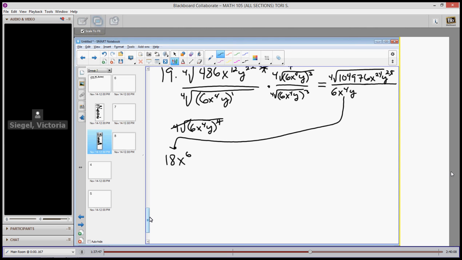And then y, we can break up the 25 into y to the 24th times y. Then same as x, y to the 6 comes out, and then we're just left with 1 y inside because everything else came out. So then we have that, and then we still have our denominator.